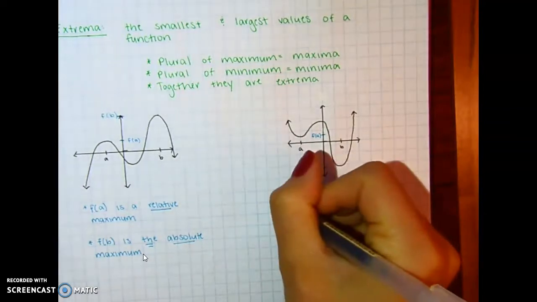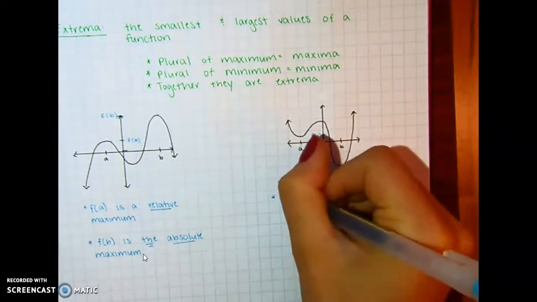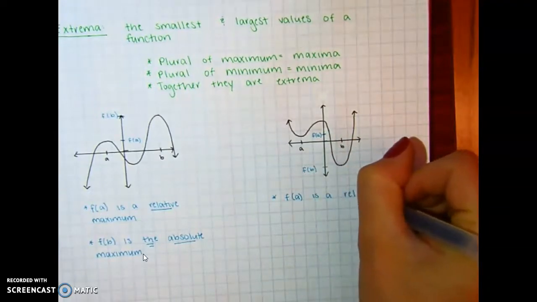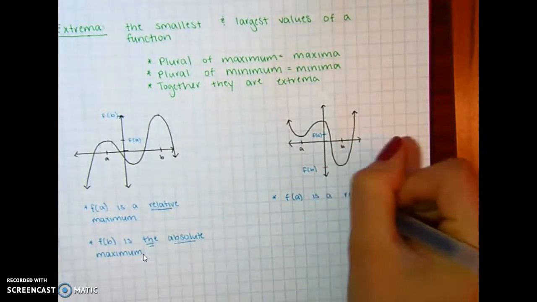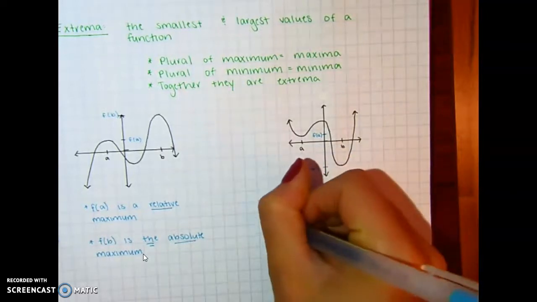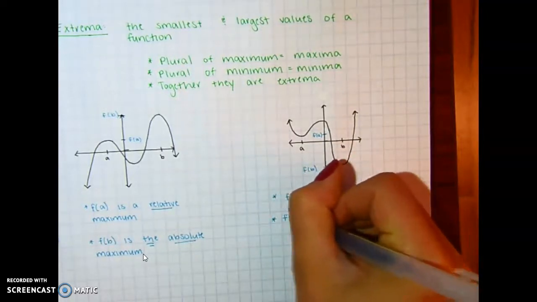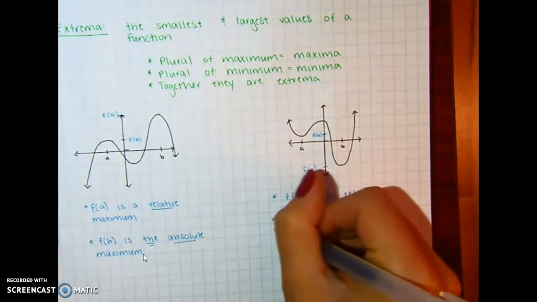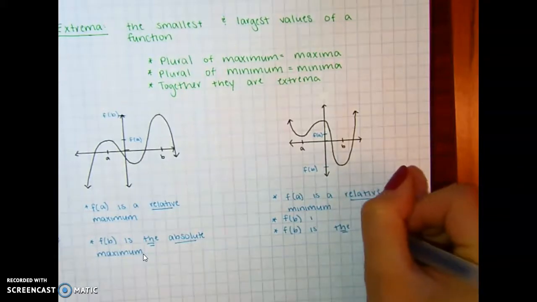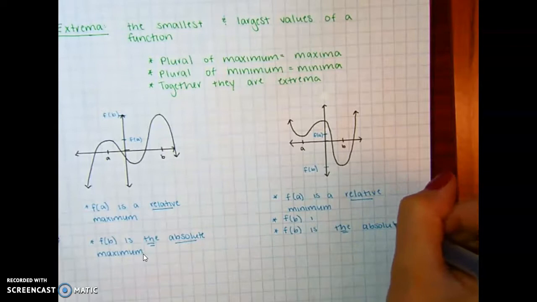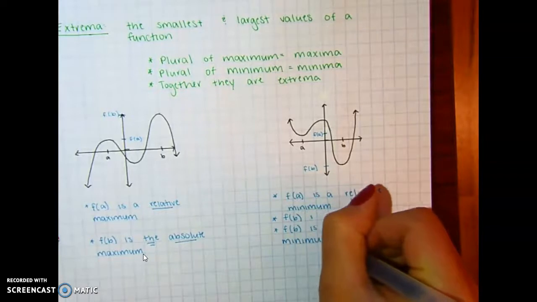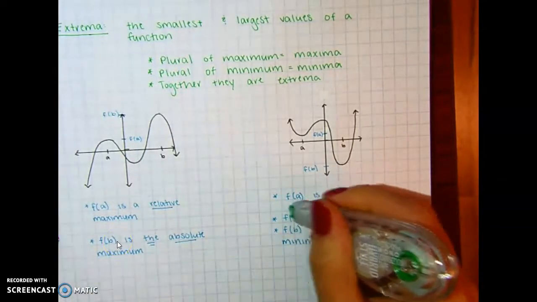So for the graph I just drew, f of A is a relative minimum, and f of B is the absolute minimum, meaning it is the lowest point.